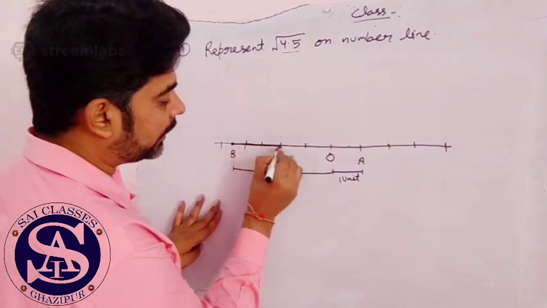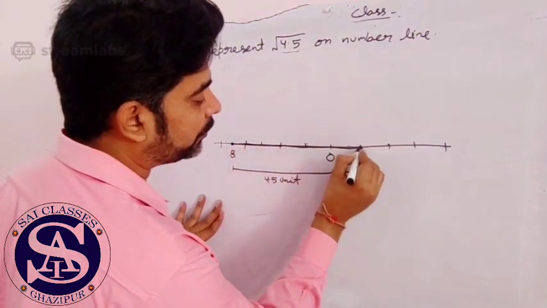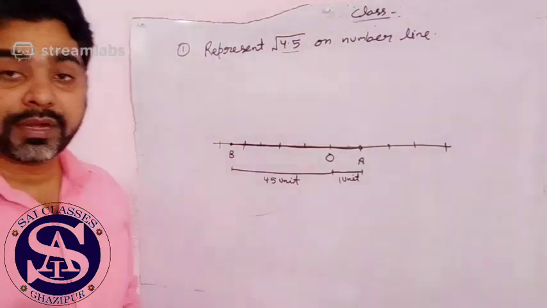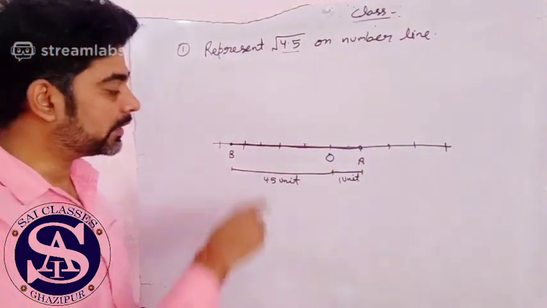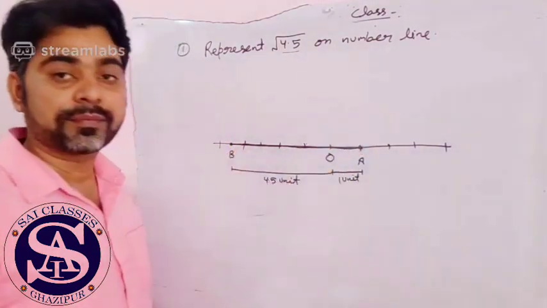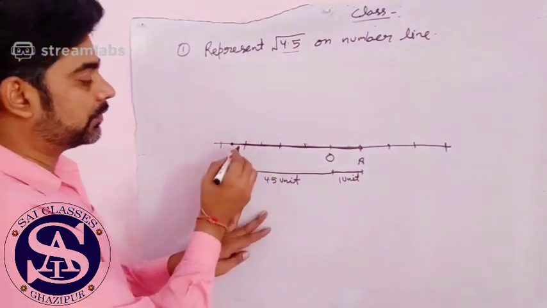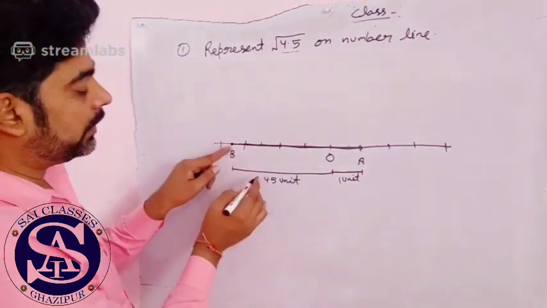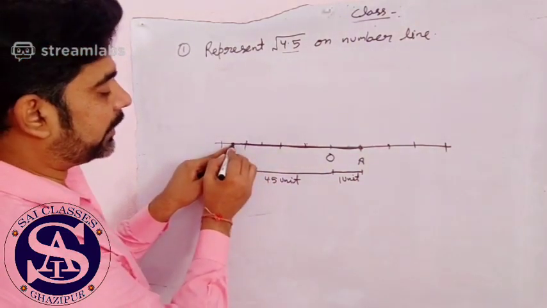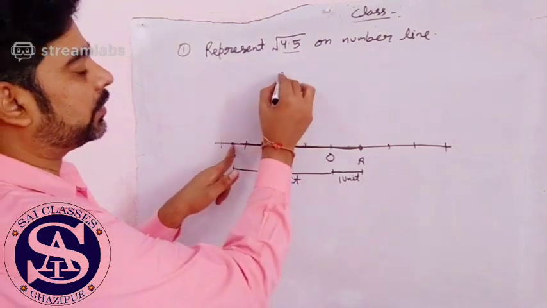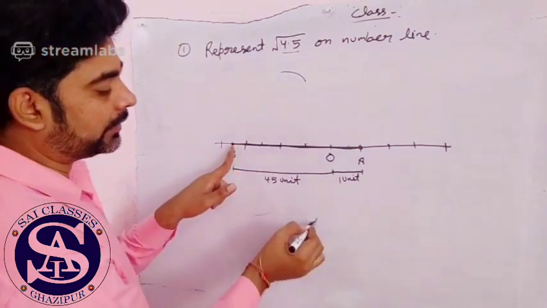Now we'll bisect the line AB. What we have to do? We have to perpendicularly bisect the line AB. So to do this, we will take B as center and draw an arc here and here.